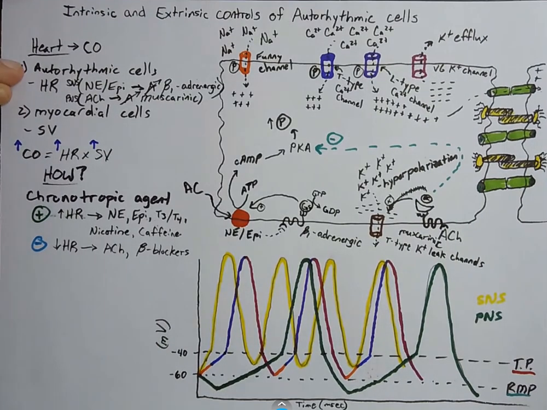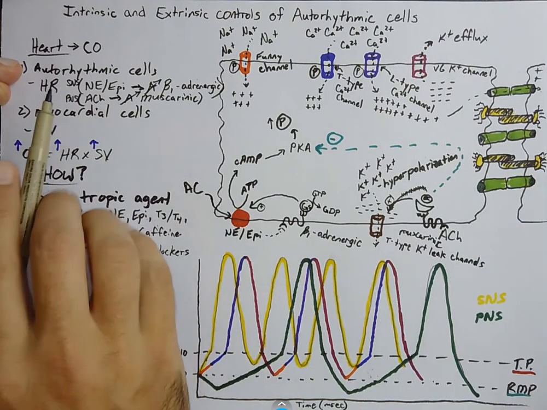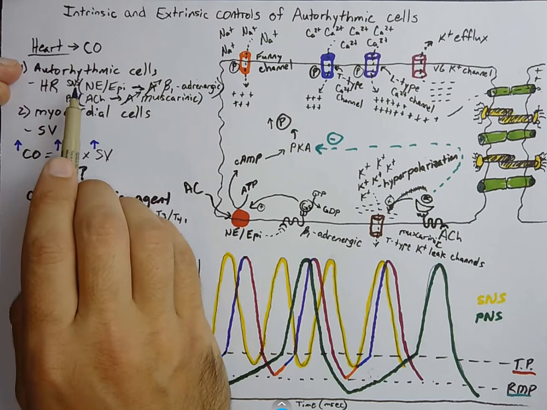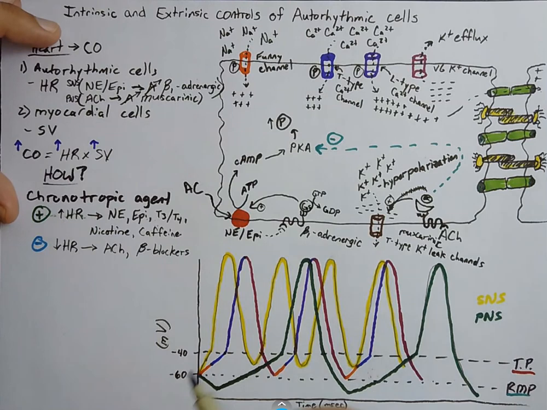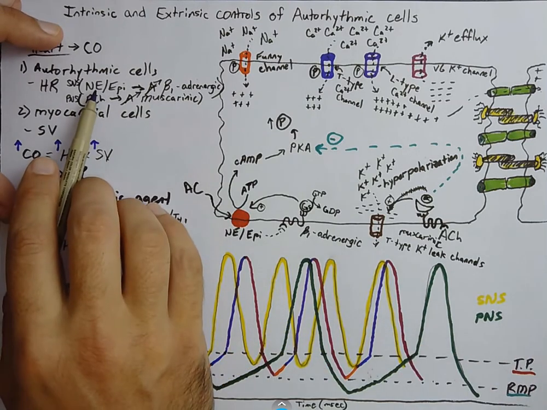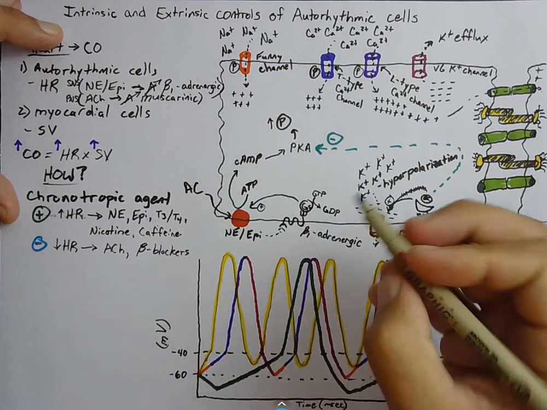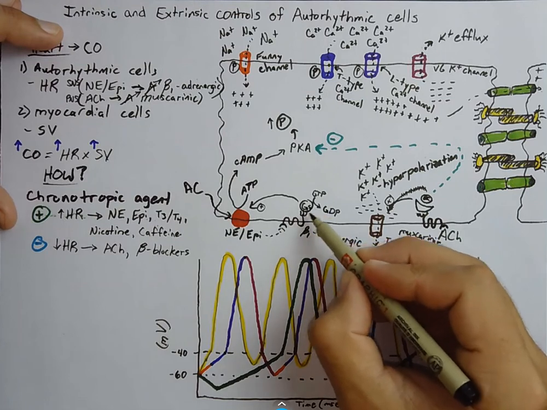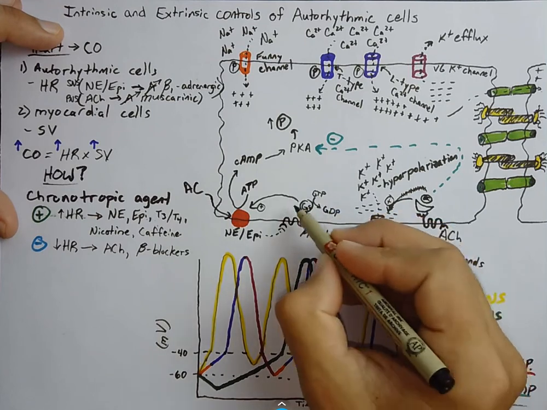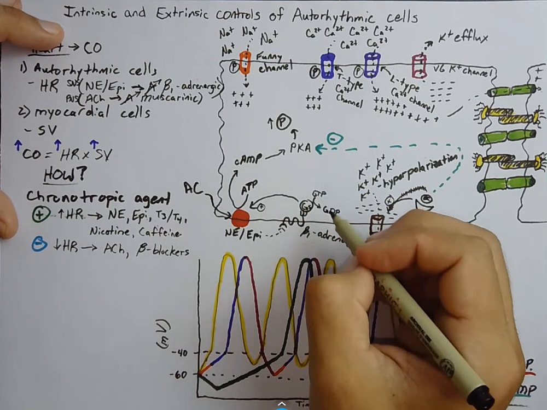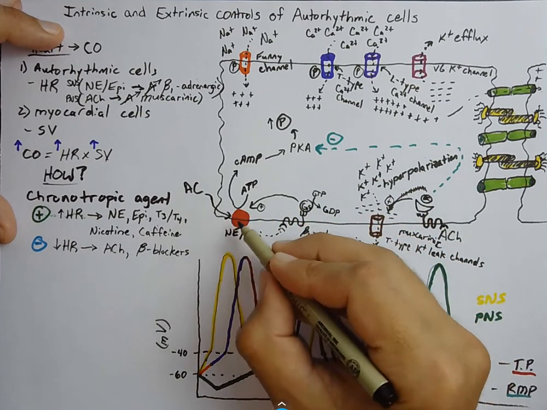How does the body go about regulating the speed that that heart beats? It's going to end up using the sympathetic nervous system and the parasympathetic nervous system. How do those impact? Let's do this just one more time. Norepinephrine or epinephrine are going to bind to beta-1 adrenergic receptors. Those beta-1 adrenergic receptors are GPCRs with a G stimulatory protein on the inside. A G stimulatory protein, once activated as GTP replaces GDP, is going to go stimulate adenylate cyclase.